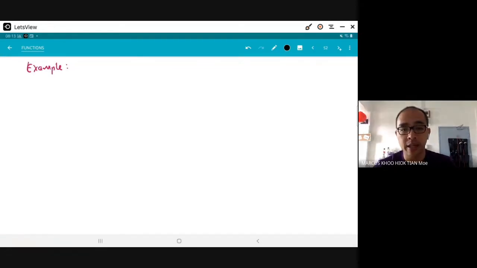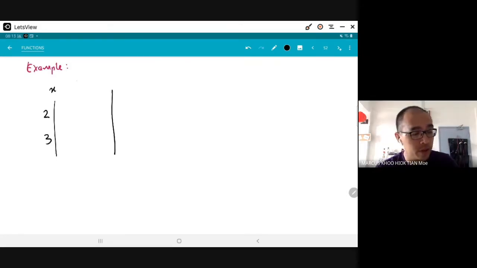Okay, so let's say for example if you take a look at example 13, so if my x or my object is 2 and 3, dan kalau saya guna the original function of f, sini adalah y, atau saya boleh juga tulis sebagai fx lah. So I plot it this way.